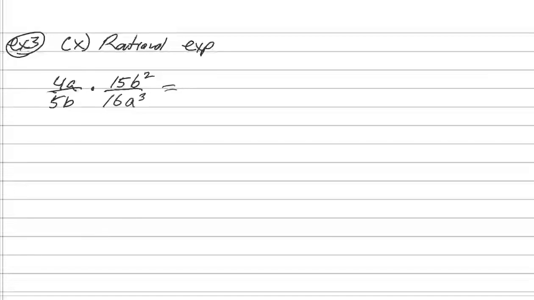So I'm going to write it out as 2 times 2 times A times 3 times 5 times B times B. So I'm going to write the prime factorization of my numerator and the prime factorization of my denominator.